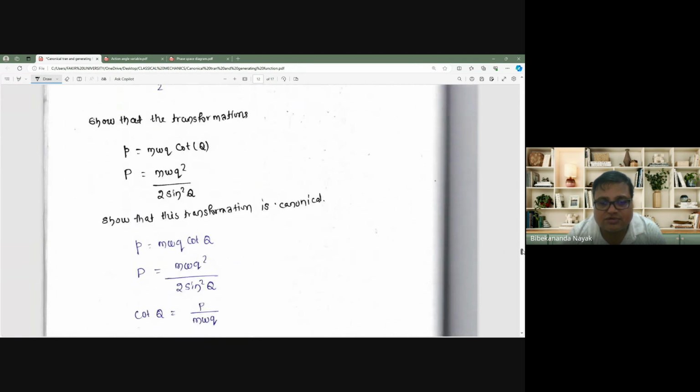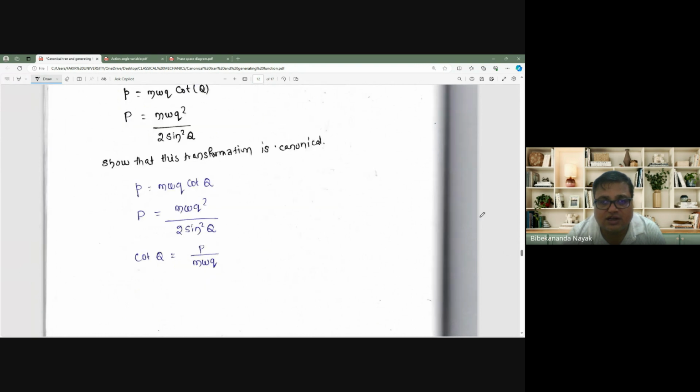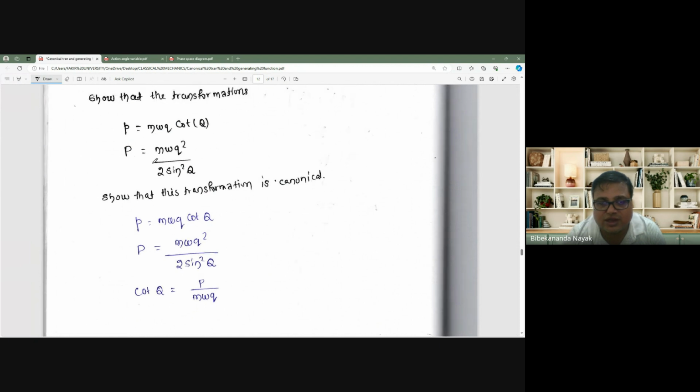So that this transformation is canonical. It is very difficult to show using the Poisson bracket, but it is easy to show using a perfect differential. We know that if it is a canonical transformation, p dq minus capital P dQ is a perfect differential, or df.